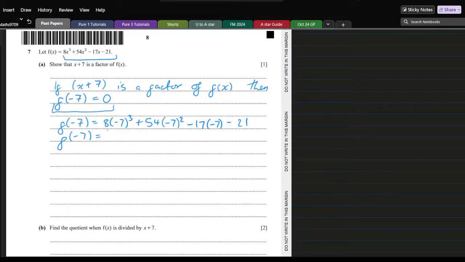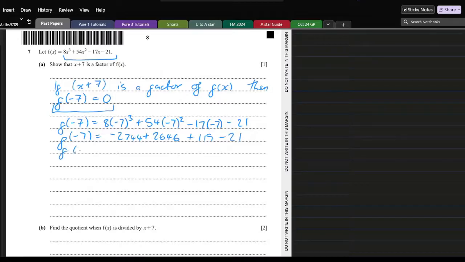So we've got 8 times negative 7 cubed, which is negative 2744. Then we've got 54 times negative 7 squared, that's positive 2646. And then we've got minus 17 times minus 7, which is positive 119 minus 21.